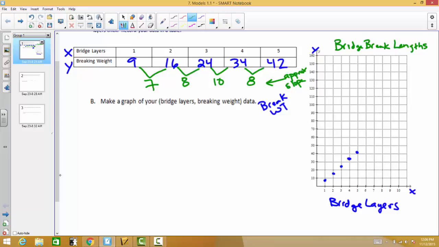So, if you look at your dots, a best fit line must go through at least 2 points. You want the points as close to the line as possible. You want about the same number above and below.